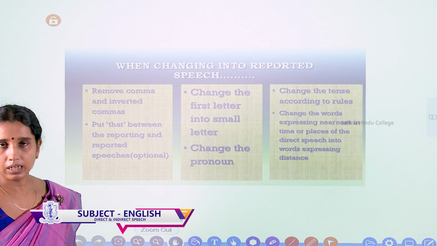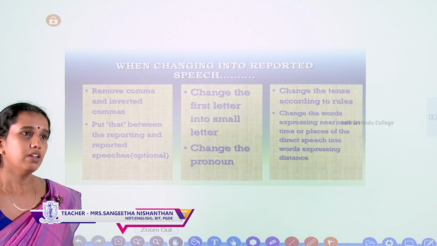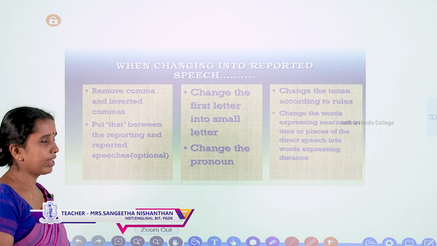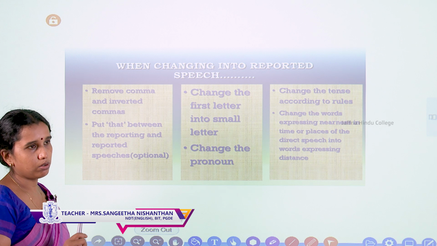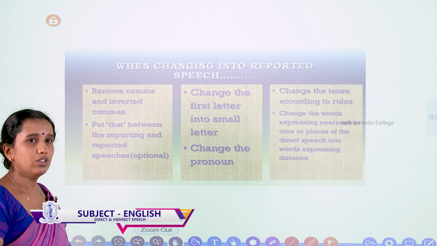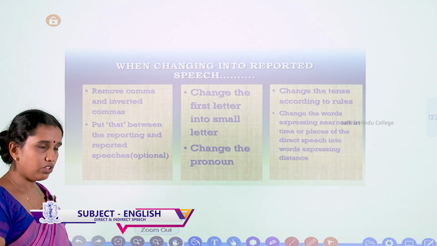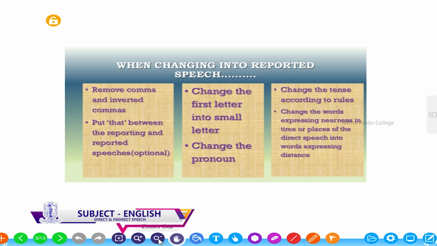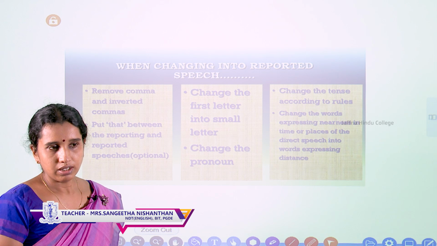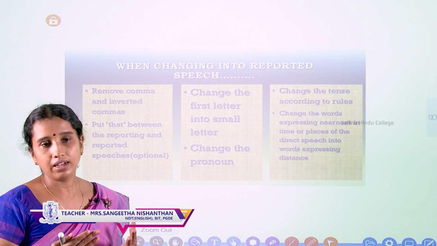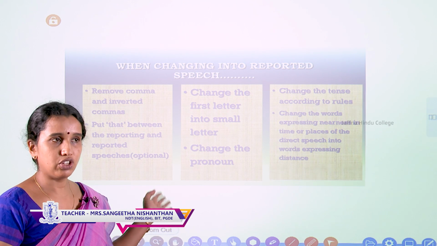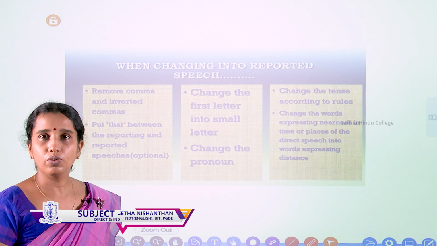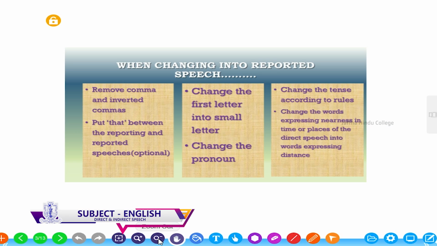But it is not compulsory, it is optional. We can use "that" or we can omit it, but mostly we put "that" when writing indirect speech. And the first letter in the quotation mark might be a capital letter, and when we change it into indirect speech, we change the first letter into a small one.